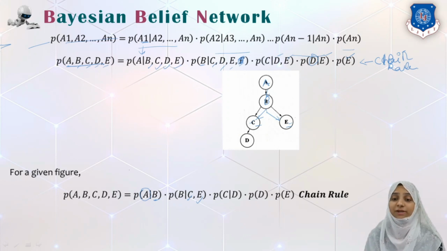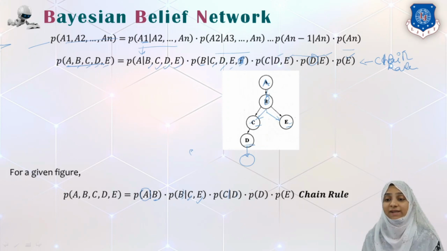That's why for event B in this formula we write the probability of event B given that C and E both have happened, into the probability of C given D. As you can see, D is only dependent on C. So whenever we calculate the probability of C, we will take into consideration the previous event, that is D, into the probability of D. Now as you can see, event D doesn't have any descendants.